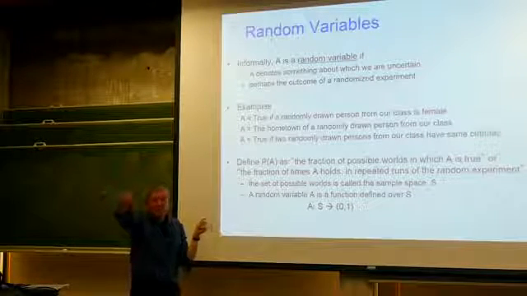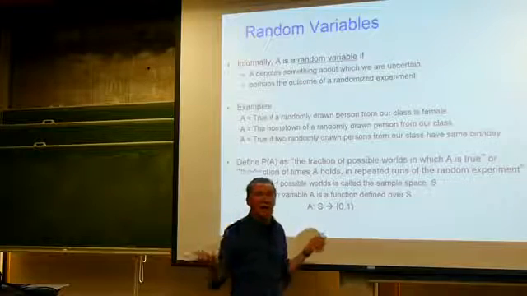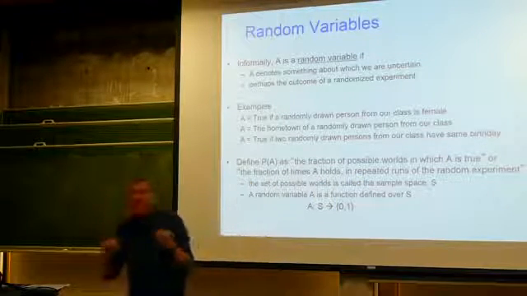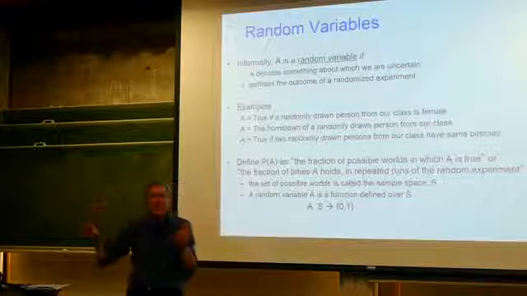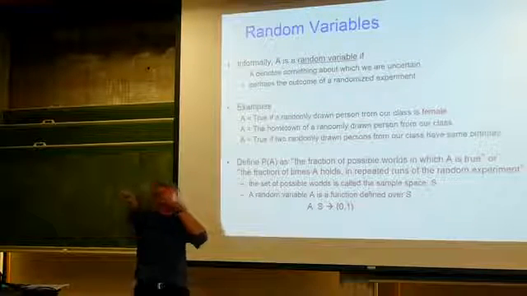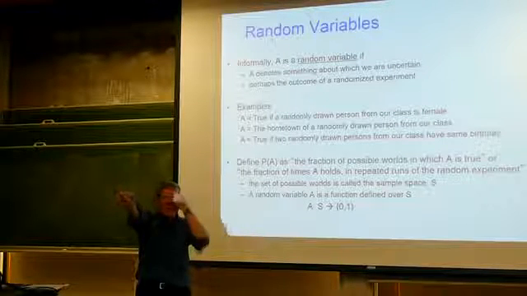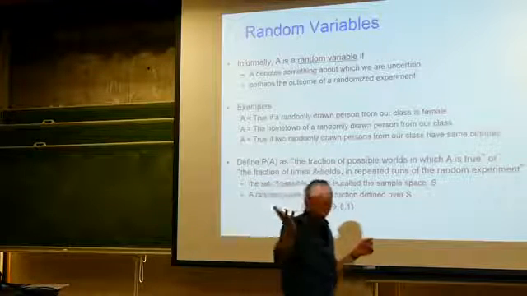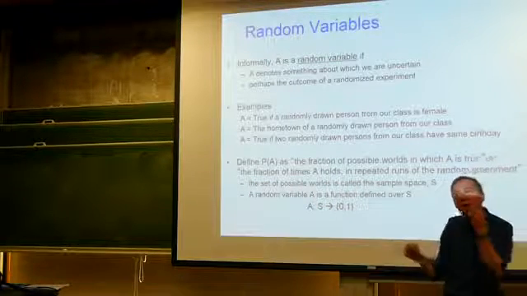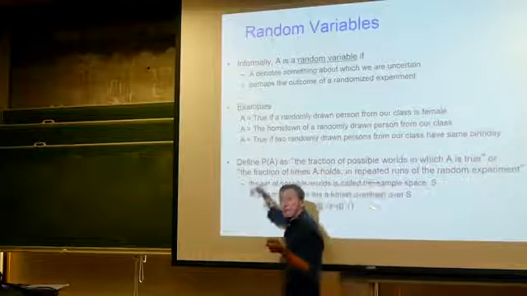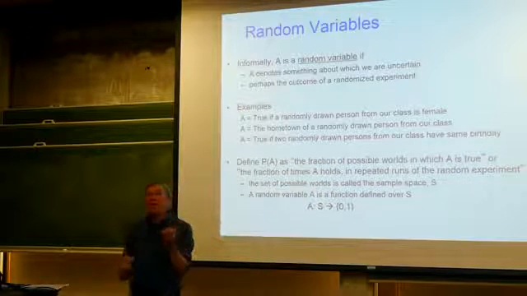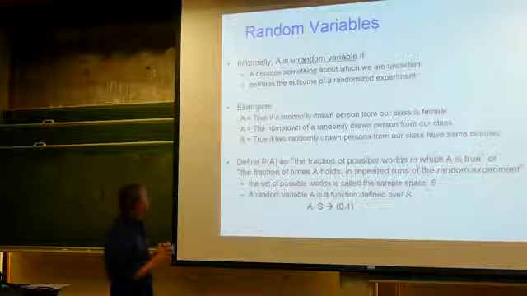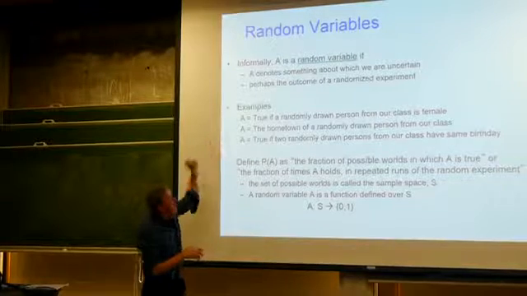I could do that experiment again and get a different value. Associated with that random variable is a probability distribution. There's some probability that I'll get true, female, and some probability that I'll get false. You could estimate that probability by looking around the room. But a random variable is nothing more than a variable whose value is the result of a random experiment. So many kinds of those.